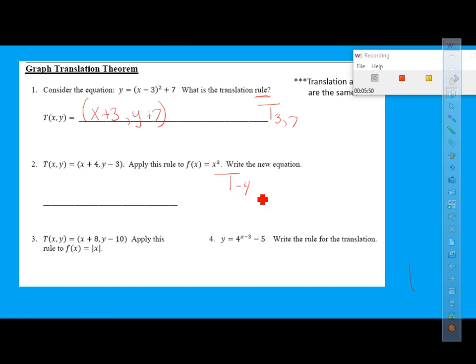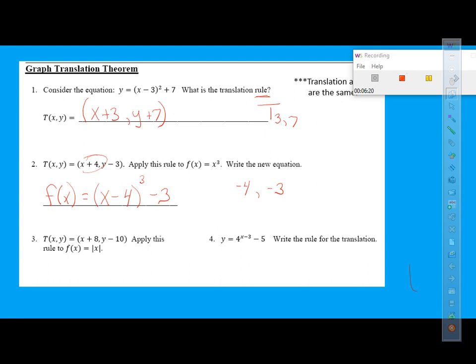And then every y value would have had to be decreased by 3. So when I write this as an equation, it's going to look like this. I need my parentheses with my cube. To get every x value increased by 4, there must have been an x minus 4. Every y value to be decreased by 3 would look like that. So there's the first couple.